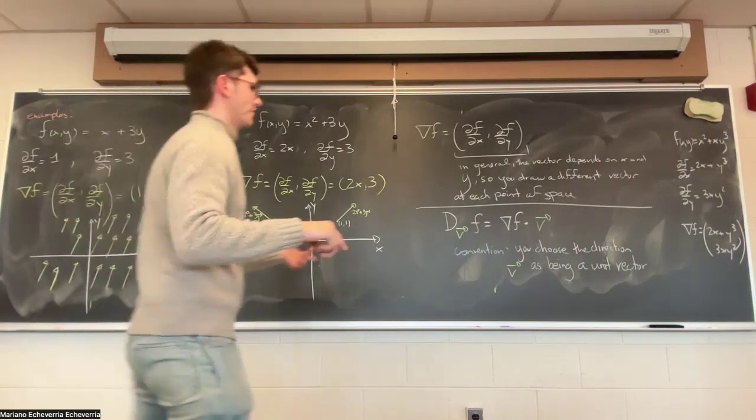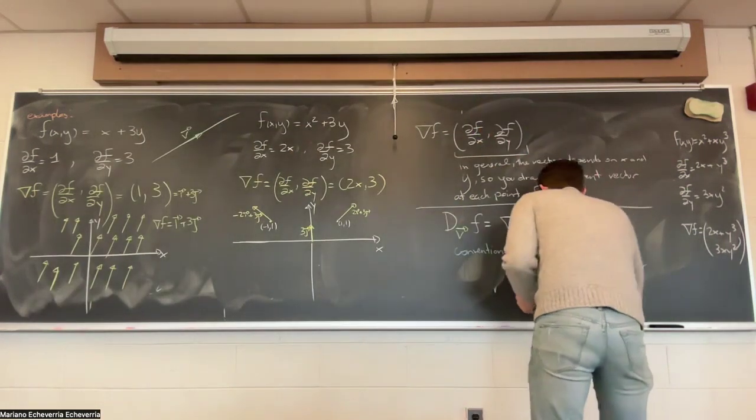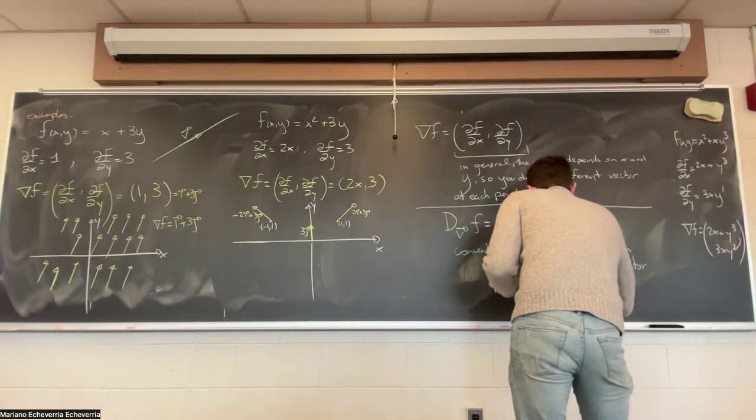So the length of the vector is 1, the magnitude or the length is 1.